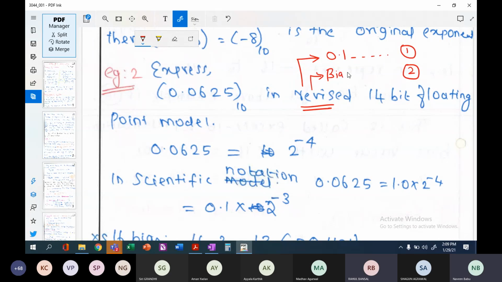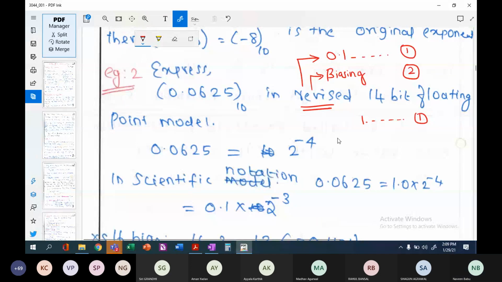So if you are asked to build a basic model, then the basic model consists of any number representation with this particular format, 1 point something. This is the first rule. And the second rule is, you did not have any way of representing the negative numbers. So negative numbers cannot be represented in the basic model. Okay, in the revised model, we did this.